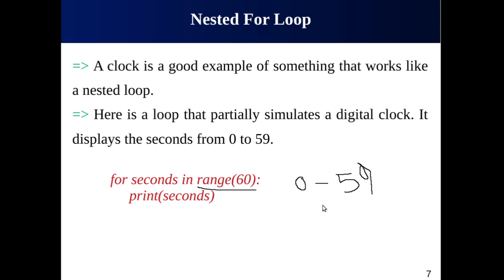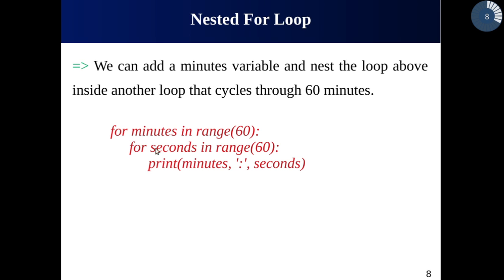After 59, we have to increment the value of the minute by 1. After every 60 seconds, we have to increment the minute hand by 1. So for every minute we have to execute this loop 60 times.